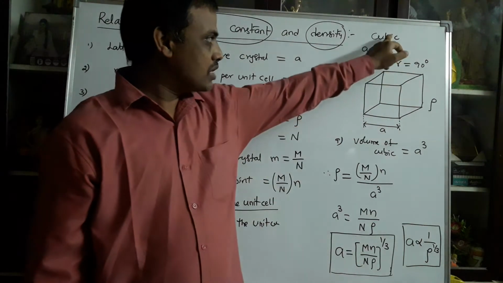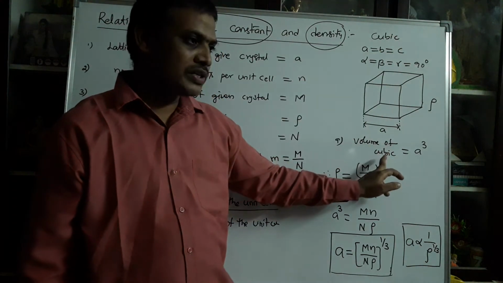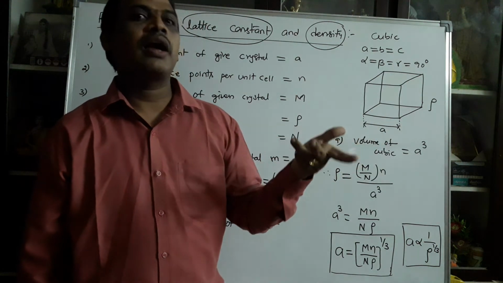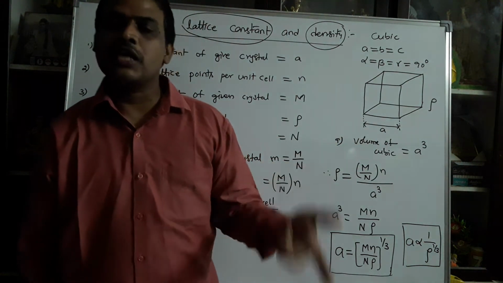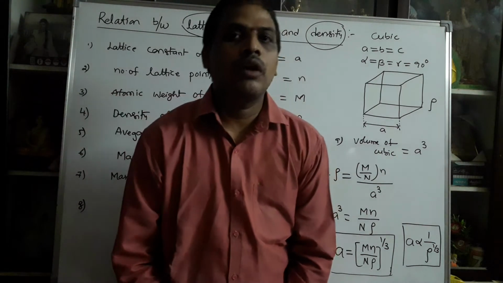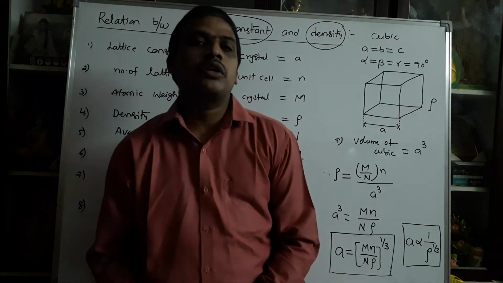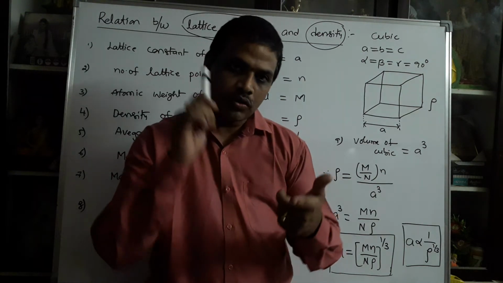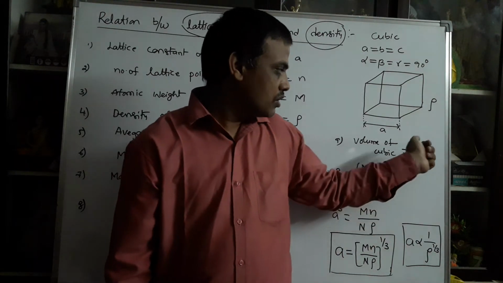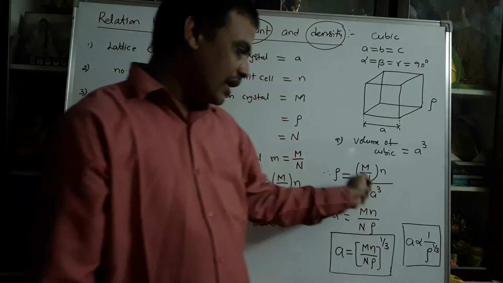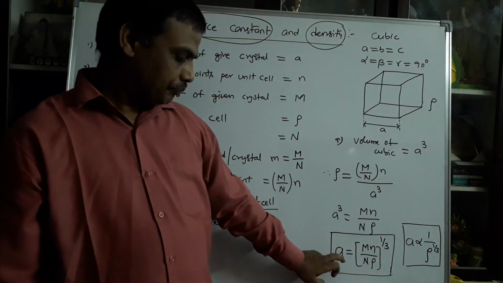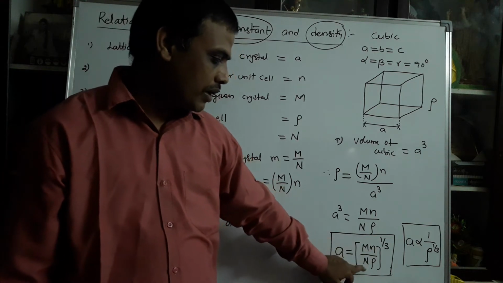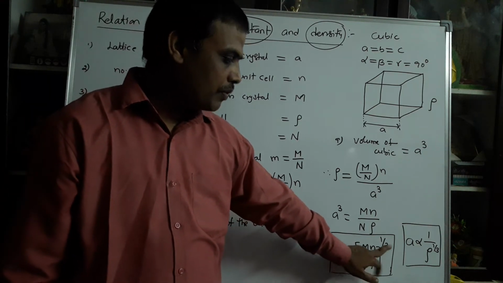The volume is length into breadth into height, and the lattice parameters along x, y, z are equal, so the volume is a into a into a, that is a cube. Substituting in this equation, finally we get the relation: lattice constant a is equal to capital M small n divided by capital N rho, whole power 1/3.